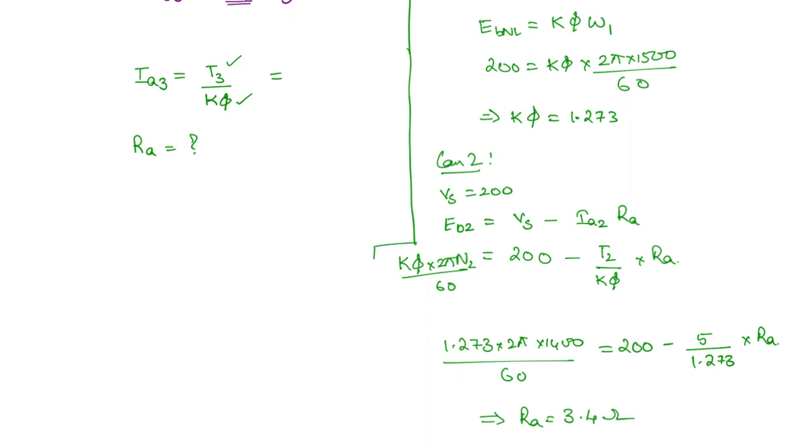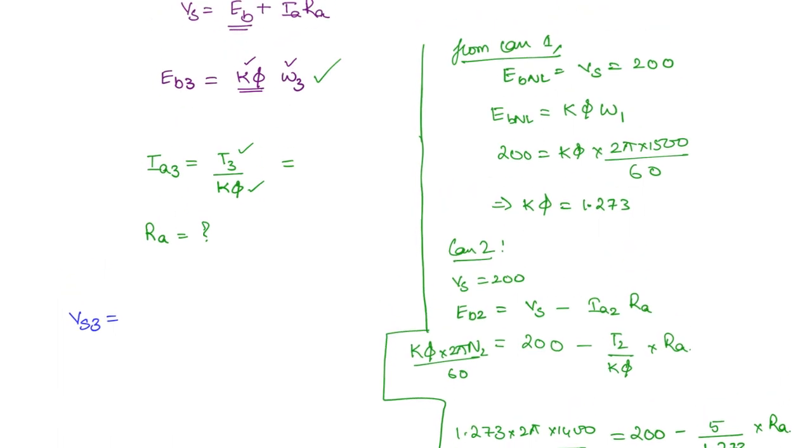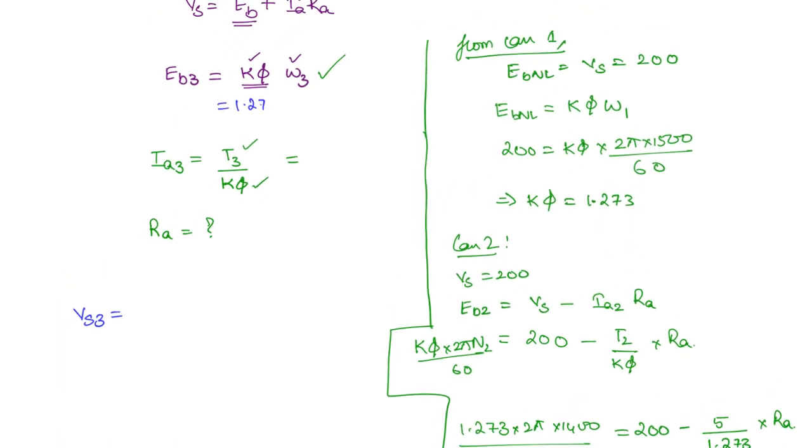So now you know all 3 parameters. You can finally find out the supply voltage Vs3. This is going to be equal to EB3. How much will it be? 1.273 into 2 pi into 1400 divided by 60. This will be same as whatever you got in case 2 because it is the same speed and same flux.